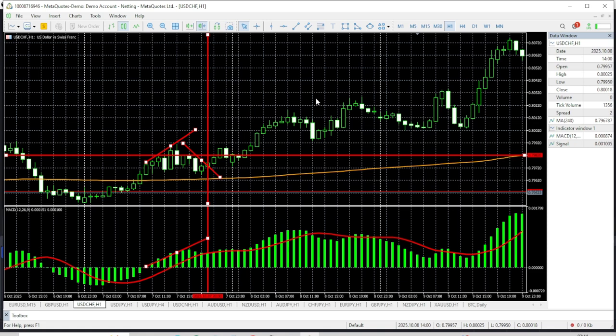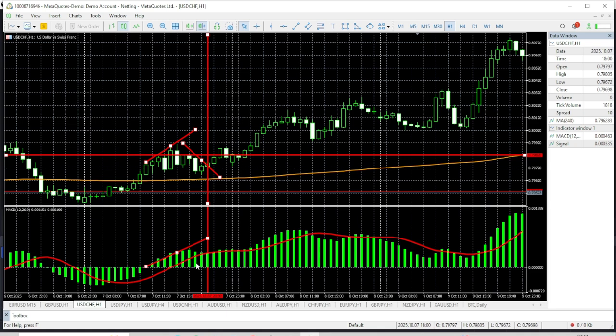So let me go over the buy setup again. Bullish trend must be above EMA 240. We pull back into the EMA without the market touching the EMA, and then we use the MACD histogram and the MACD signal line to determine whether there is a pullback or not. In our case, the MACD histogram must go below the MACD signal line.